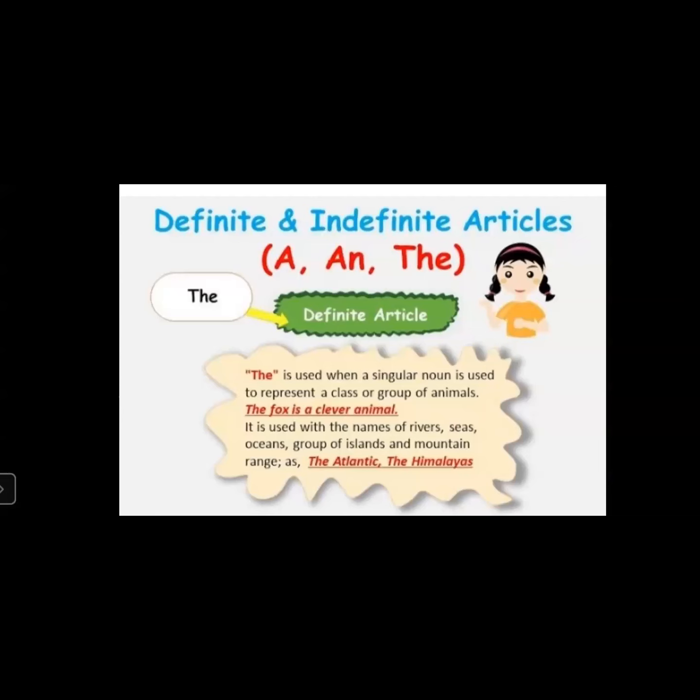Then the Indian Ocean or the Himalaya mountains. For that, we are using the. Why? Because they are unique, meaning particular. It's a particular, and to show its representation, we are using the. For example, the sun, the moon, the stars. For that, we are using the.